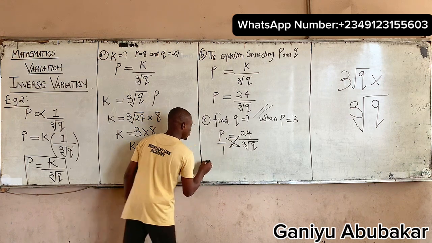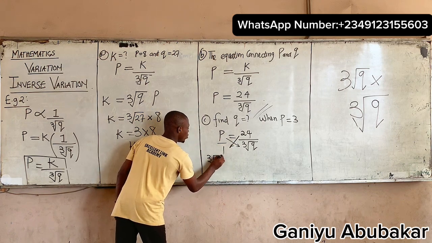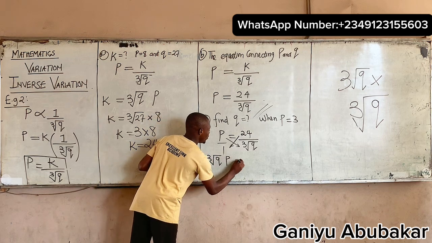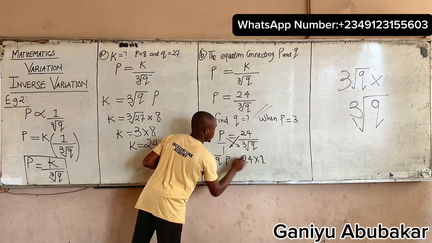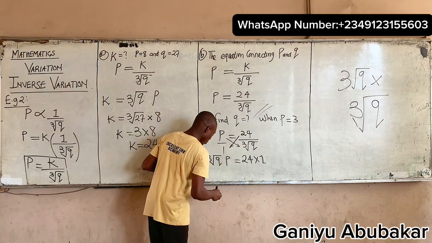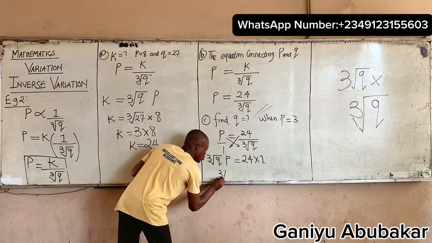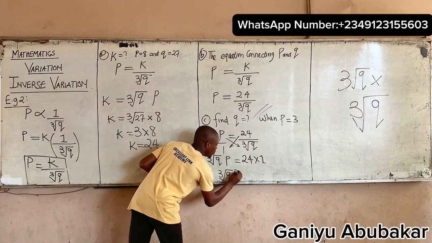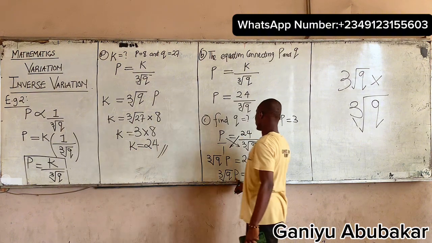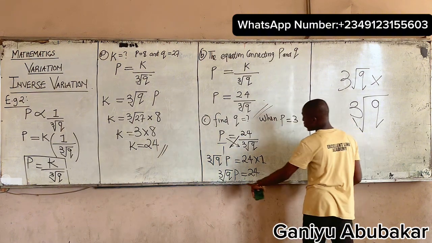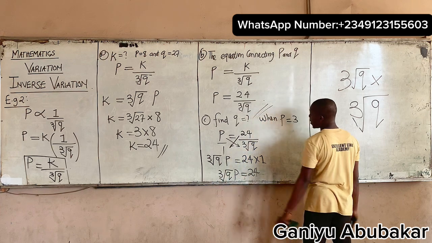The third root of Q times P equals 24 times 1. I want to make Q stand alone, so divide by P.